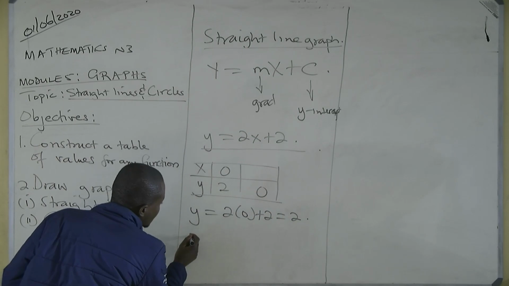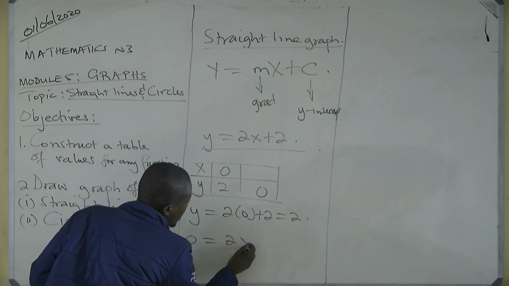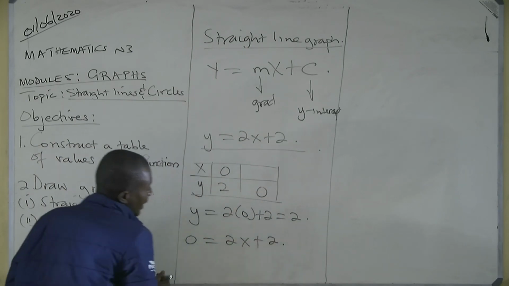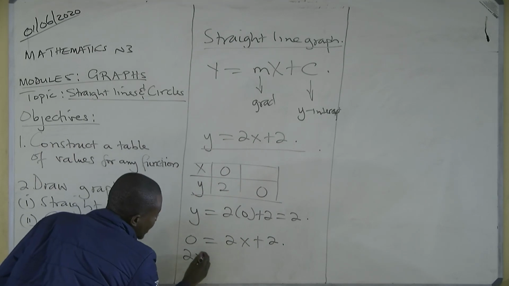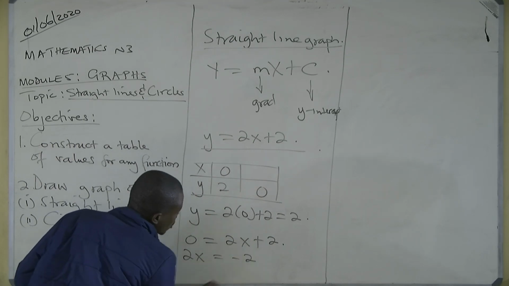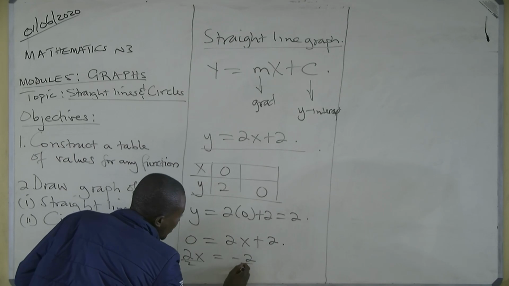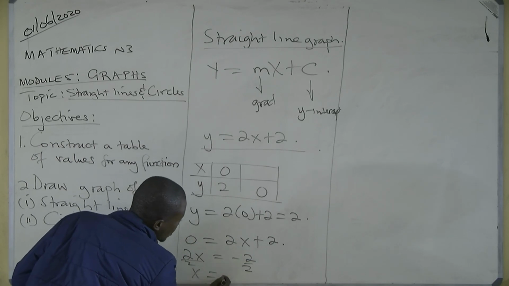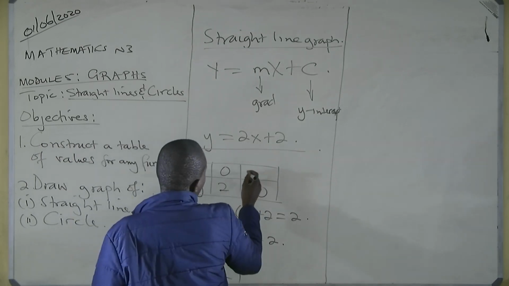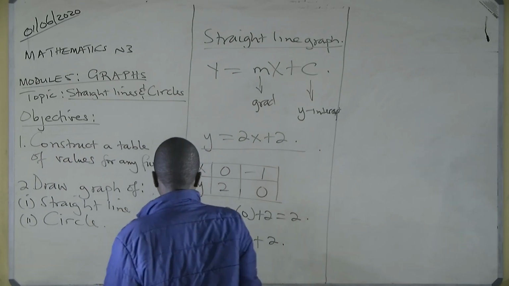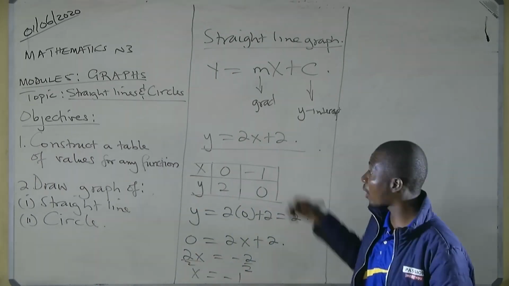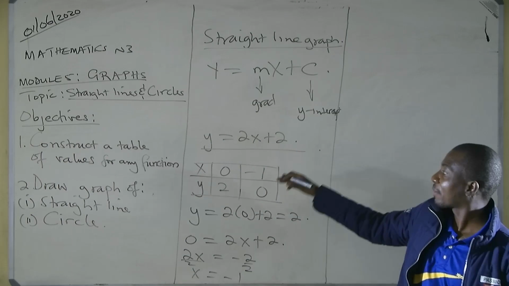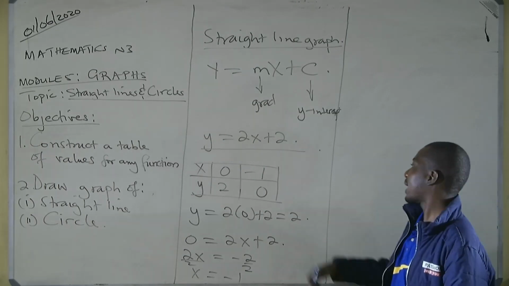So we say 0 is equal to 2x plus 2. In other words, 2x is equal to minus 2. If you divide by 2, x is equal to minus 1. So when y is 0, x is going to be minus 1.